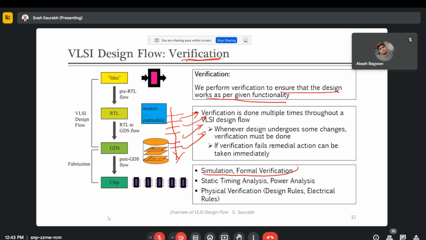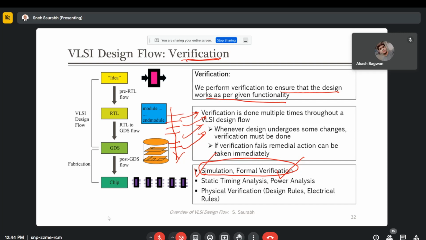One of the important things that we need to verify is whether the functionality of our chip is as per our specification, meaning that if you were trying to make a processor, whether the processor is able to execute the given instruction and produce the desired result, right? That is what the functionality is. So we verify that functionality using simulation, and also using what is known as formal verification.